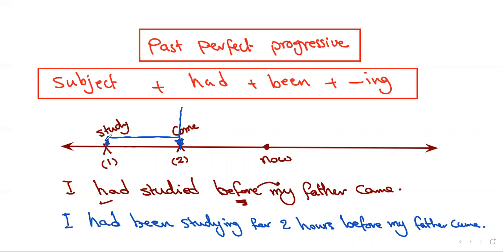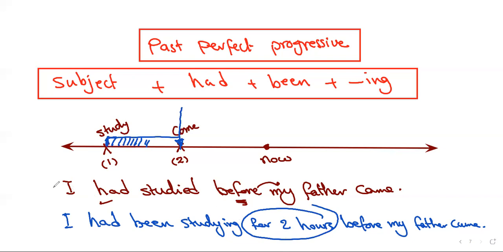So I concentrate on the idea that this action was in progress for a while before something else in the past. I concentrate on the idea that this action was in progress for 2 hours before my father came. And this is the main usage of the past perfect progressive.